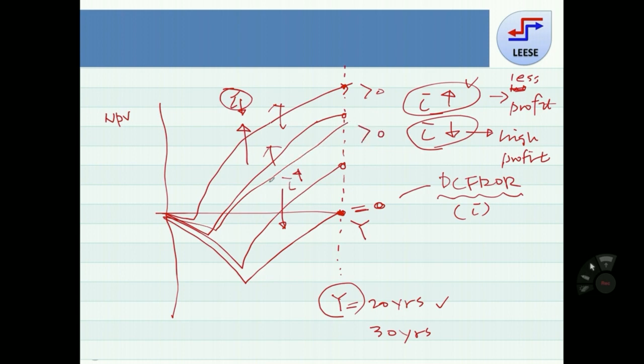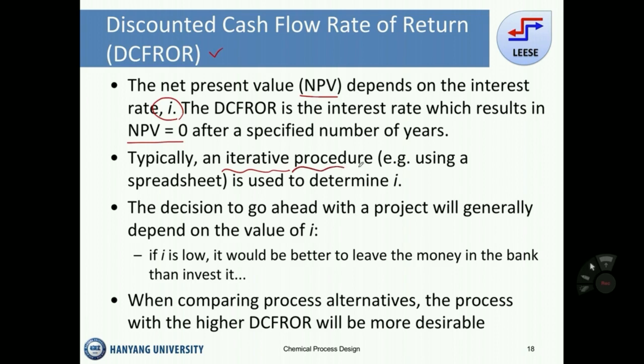Still bigger than 0, then I increase the interest rate until I have 0 NPV at the end, okay? So when the profile goes up, the interest rate is low. If the profile goes down, the interest goes up. So based on the iterative procedure, we can determine I.